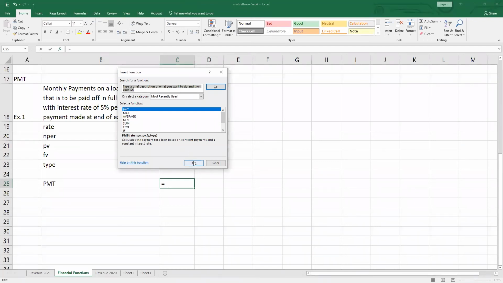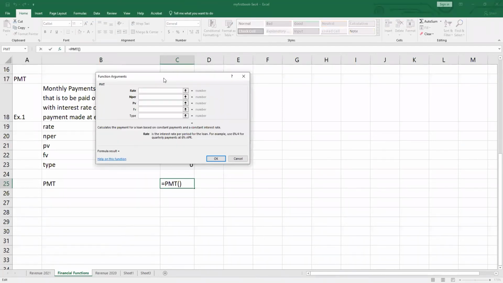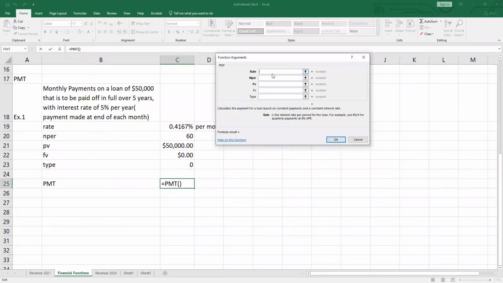We click OK. I'll start entering all the references for these values. Rate is in C19, it shows the value that Excel will use to calculate. Nper 60, PV 50,000, FV 0, type 0.